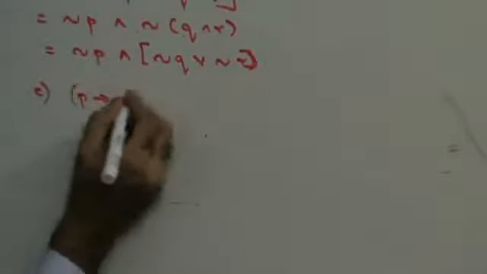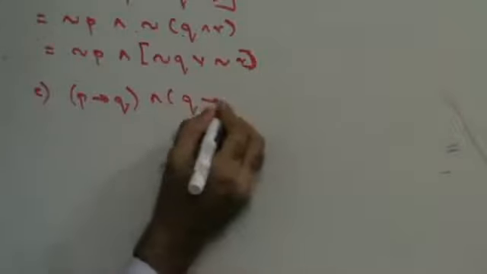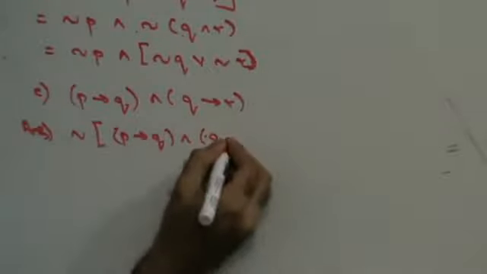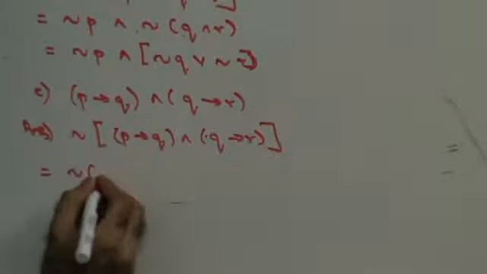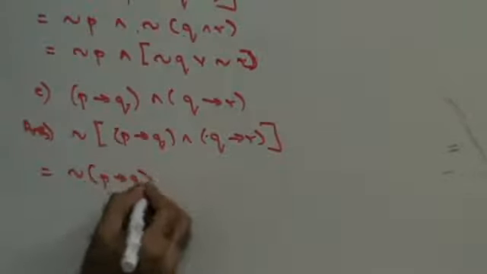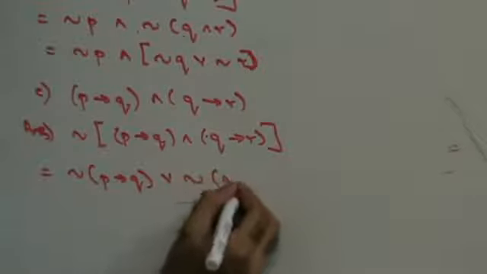Next, P implication Q and Q implication R. I want the negation of this. Negation of P implication Q and Q implication R. Whenever you have an AND function, it will be negation of the first condition or negation of the second condition.